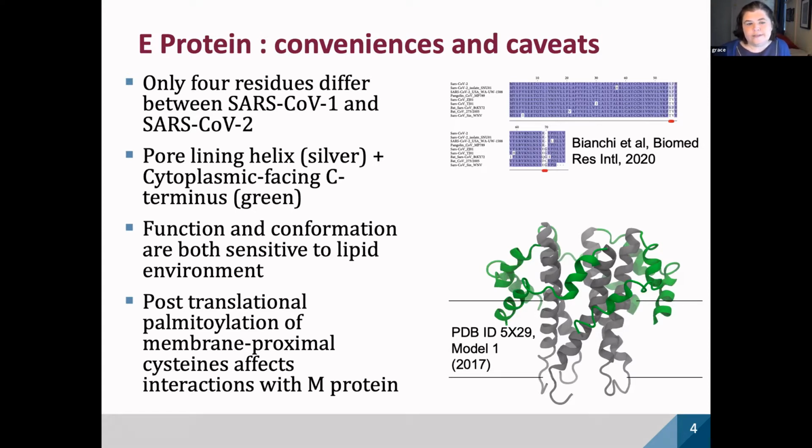So this protein has a pore lining helix that's shown here in silver and a cytoplasmic facing C-terminus, shown here in green.